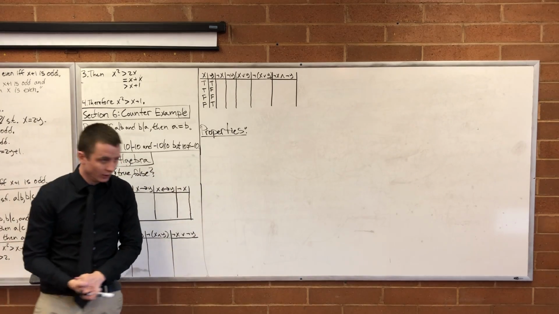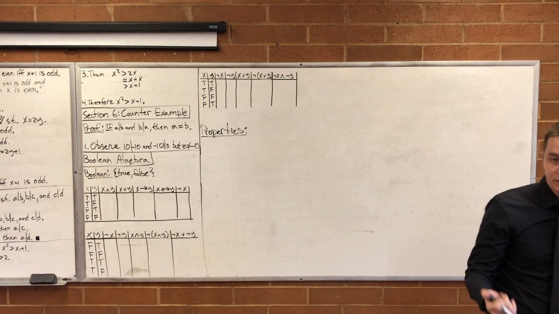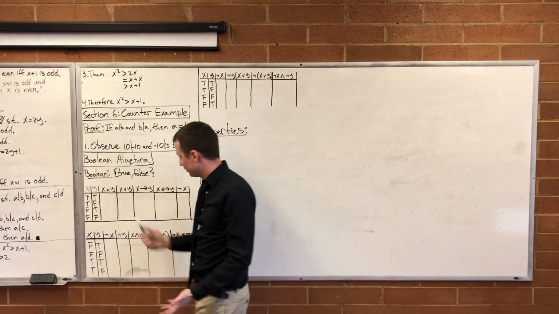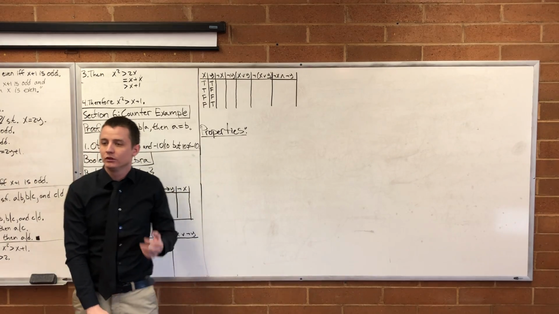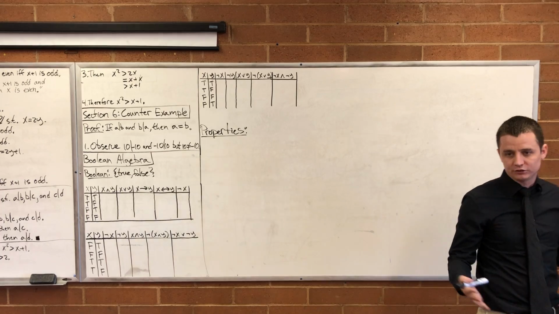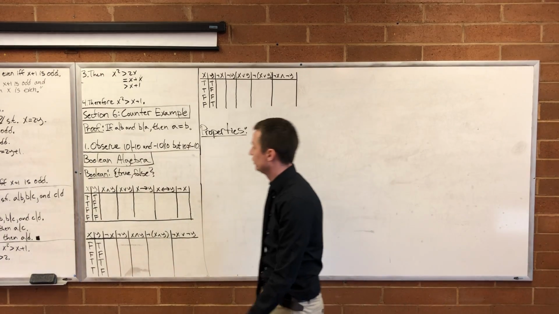Okay, so Boolean Algebra. First off, what is a Boolean? Anyone know? A value that's true or false? It's a value that's true or false. That's what a Boolean is. It's something that you can evaluate to true or false. When we're talking about statements in logic, we're talking about Booleans, things that can be evaluated to be either true or false.